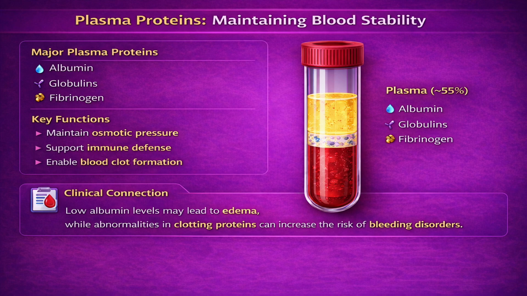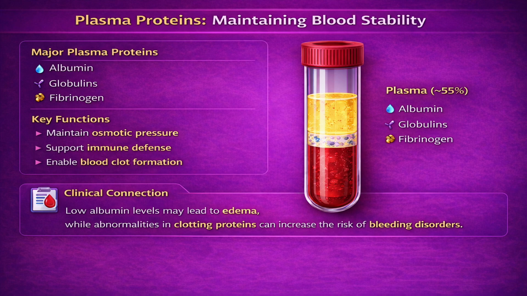This osmotic pressure helps keep fluid within blood vessels and prevents excessive fluid leakage into the surrounding tissues. When albumin levels decrease significantly, fluid may accumulate in tissues, leading to edema.